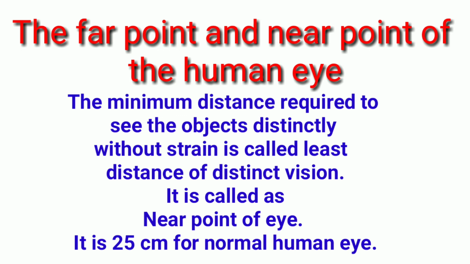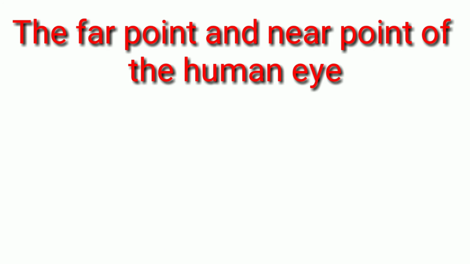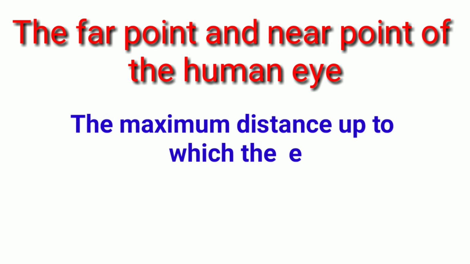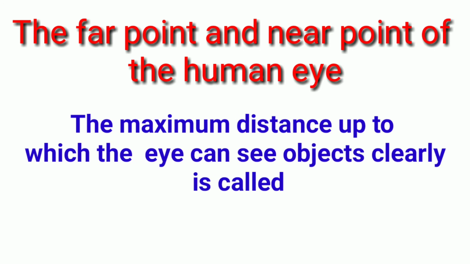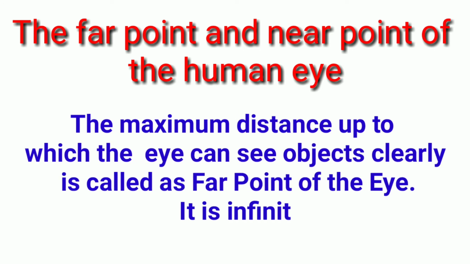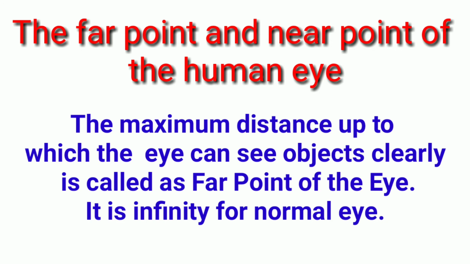It is 25 centimeter for a normal human eye. Next one, far point of human eye. The maximum distance up to which the eye can see objects clearly is called the far point of the human eye. It is infinity for a normal eye.